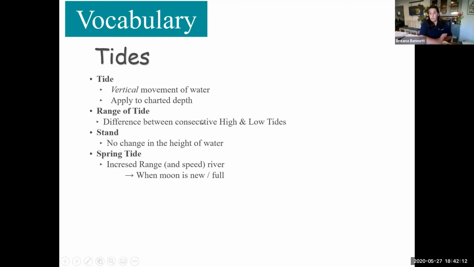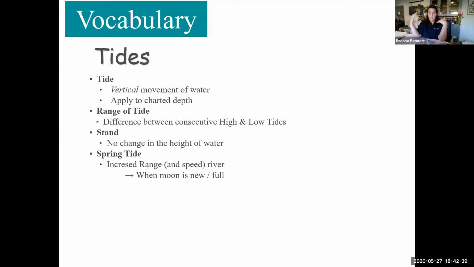Okay, so a spring tide, that's just a term of a time of the month when the moon is either new or full. The ranges are going to be bigger. So you're going to have higher highs, lower lows, faster currents, more things are happening during that spring tide.